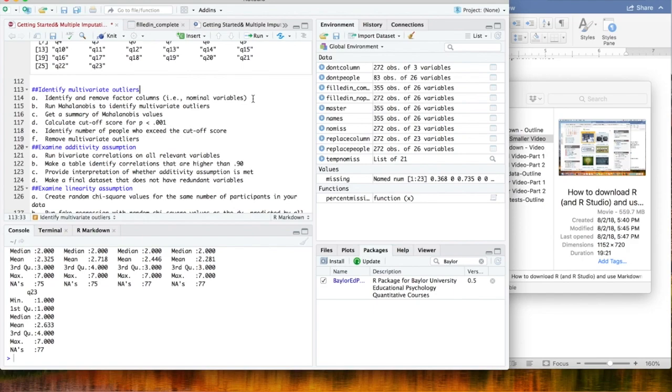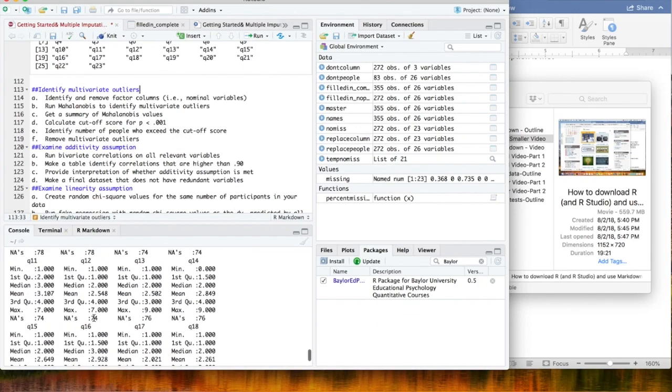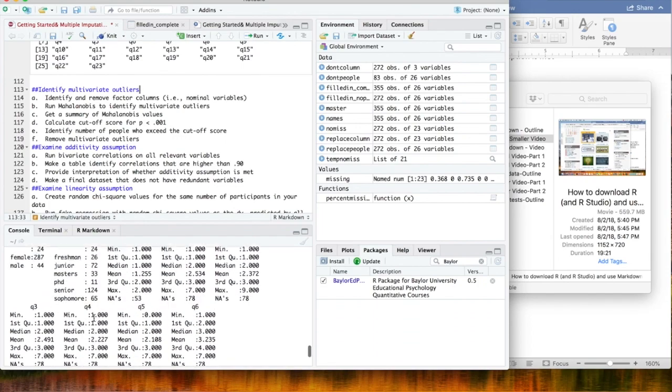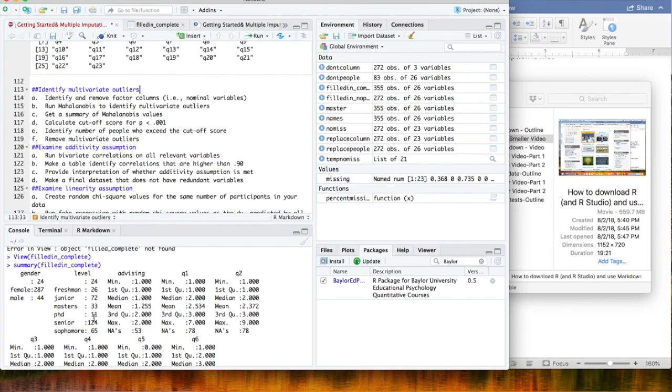So what you want to do first is to identify and remove any factor columns, so basically any nominal variables, just as it is shown over here. Pretty much the only nominal variables are the ones that we don't want to include, and these are gender, level, as well as advising, which correspond to columns 1, 2, and 3.